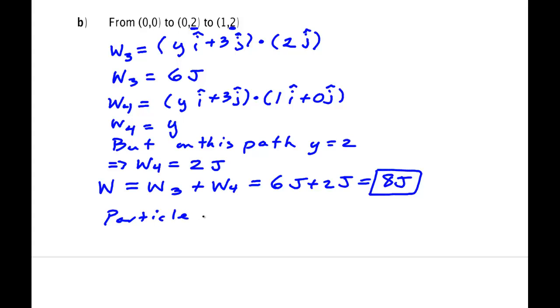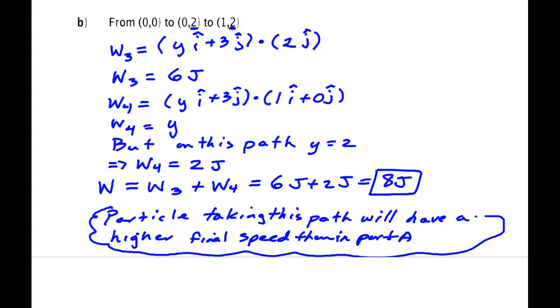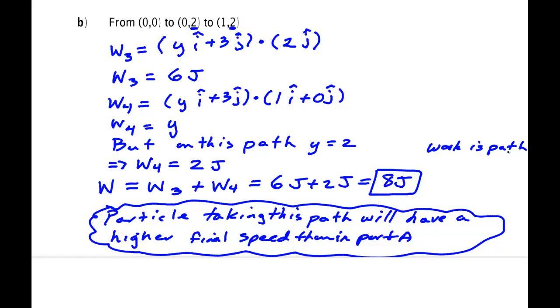Particle taking this path has a higher final speed than in part A. Work is path dependent.